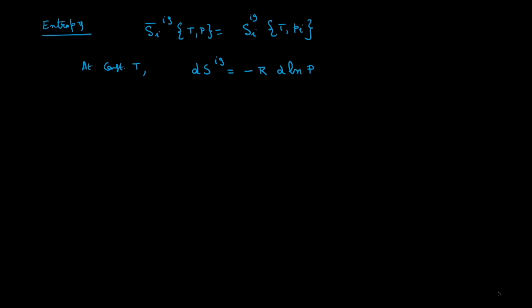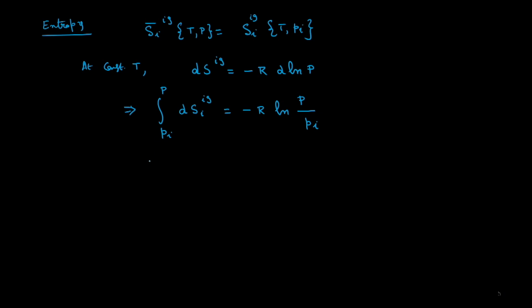And if I do that, the integral going from Pi to P of dSi IG will be minus R ln P over Pi, right? If I do the integral on the right hand side and apply the limits, it will be minus R ln P over Pi, right?